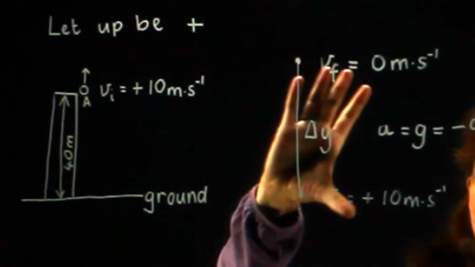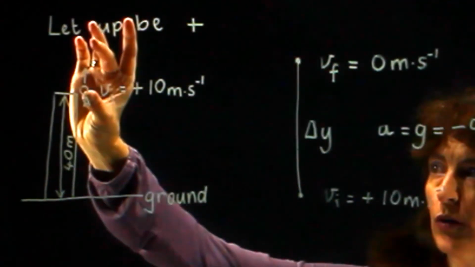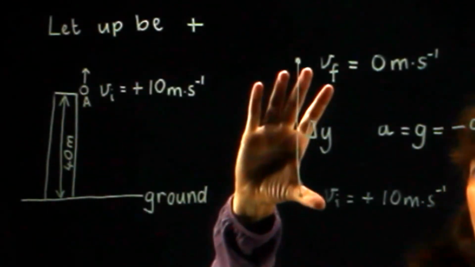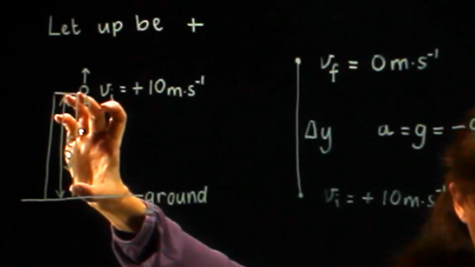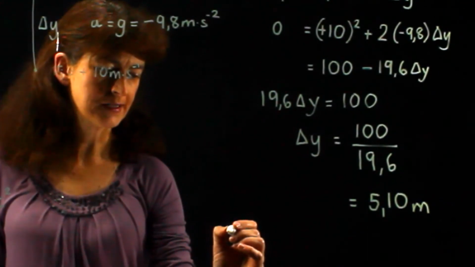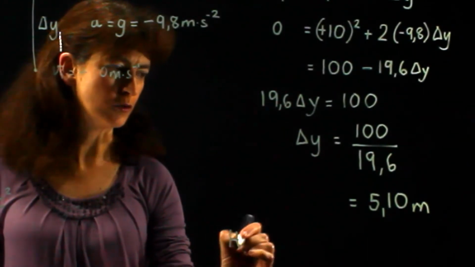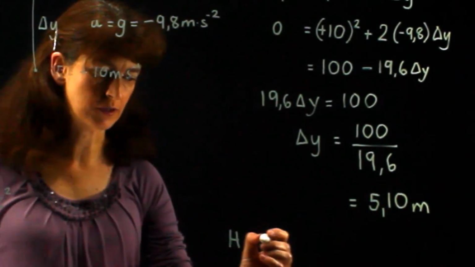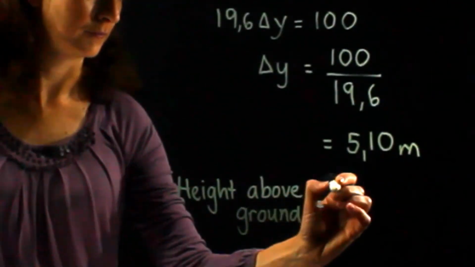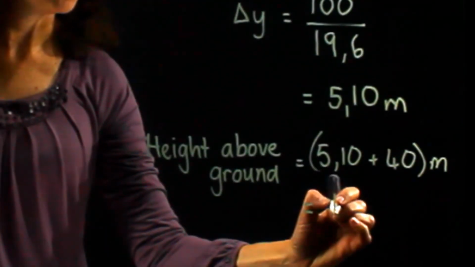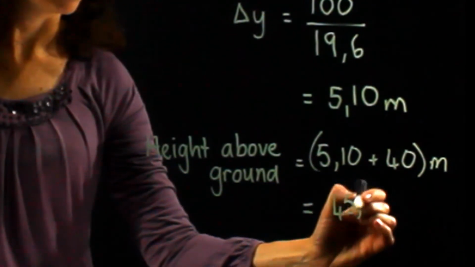Now this interval here, remember, is actually all up here. And so we still need to add this 40 meters. So height above the ground is equal to 5,10 plus 40 meters, which is obviously 45,1.